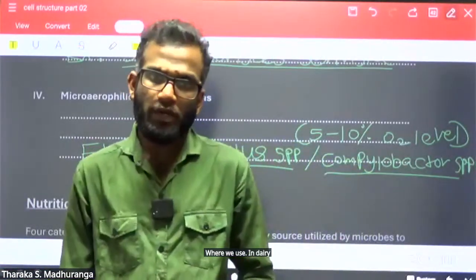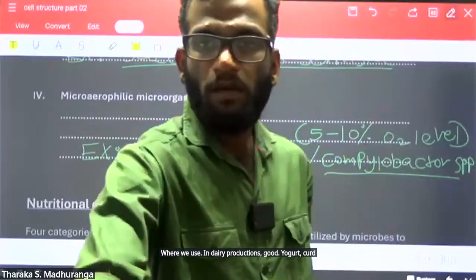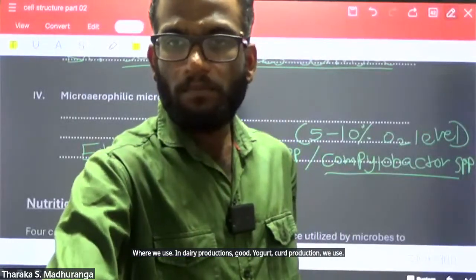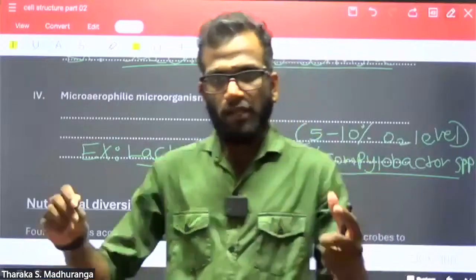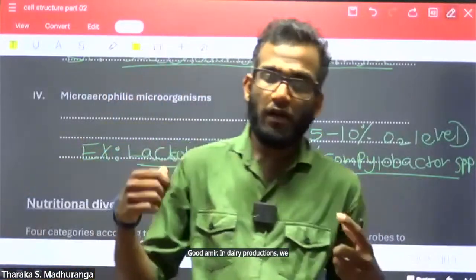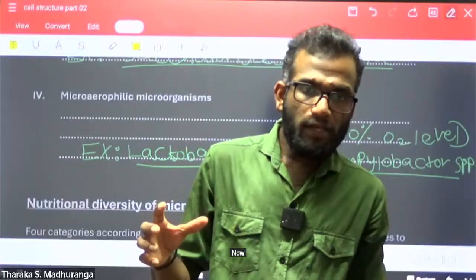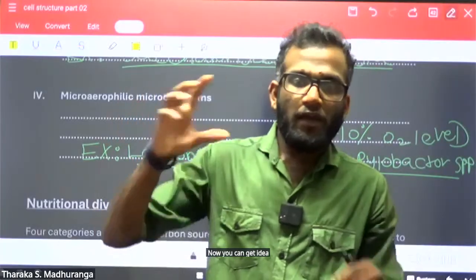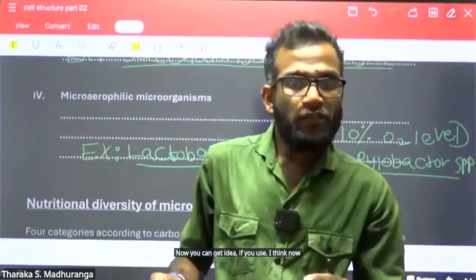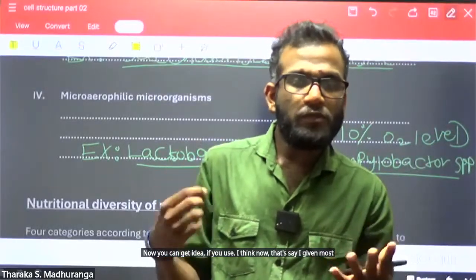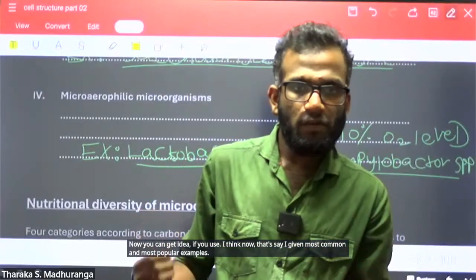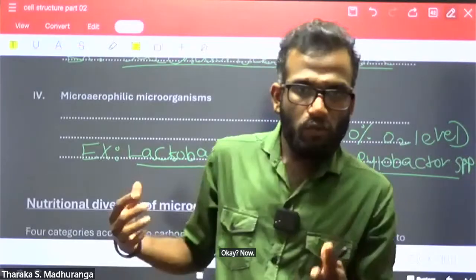Good. Yogurt and curd production. In dairy production we use these Lactobacillus microorganisms. That's why I gave the most common and most popular examples. Now you already know these examples.